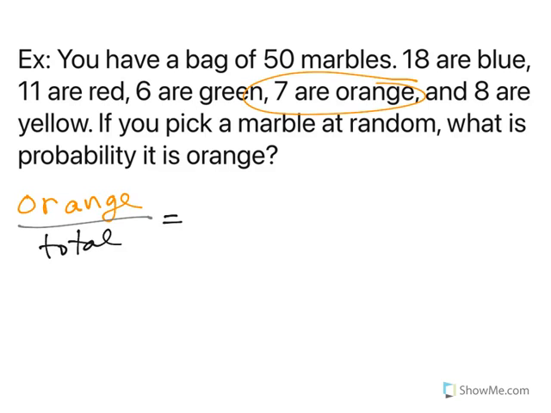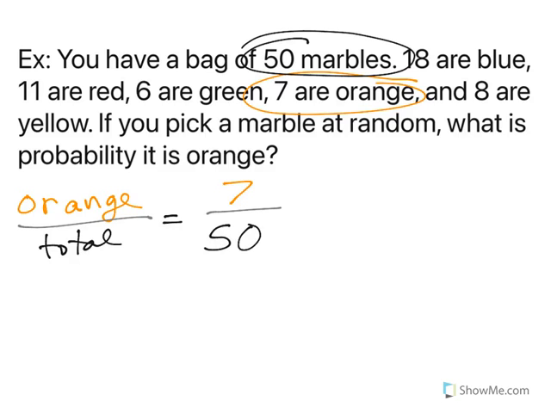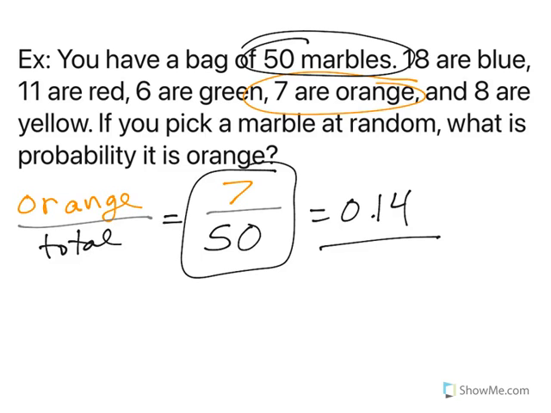The problem says 7 are orange. How many total marbles? The bag had 50 in it. So as a fraction, my answer is 7 over 50. As a decimal, it's 0.14. Or we could say 14% of the bag is orange marbles. This is the probability that I will choose randomly an orange marble.